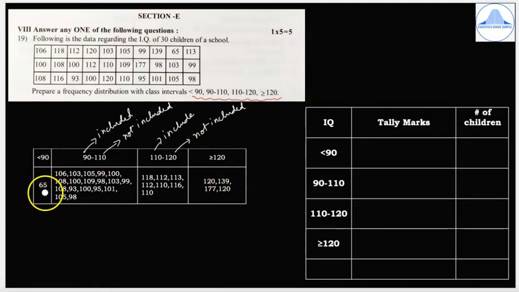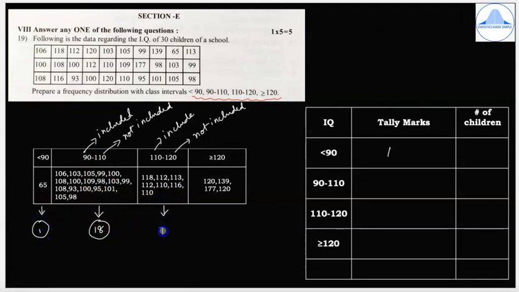So for less than 90, there is only one value, 65, so you have to put one tally mark. Next, for 90 to 109 actually, the total number of values is 18. Here it is only 1, here it is 18.